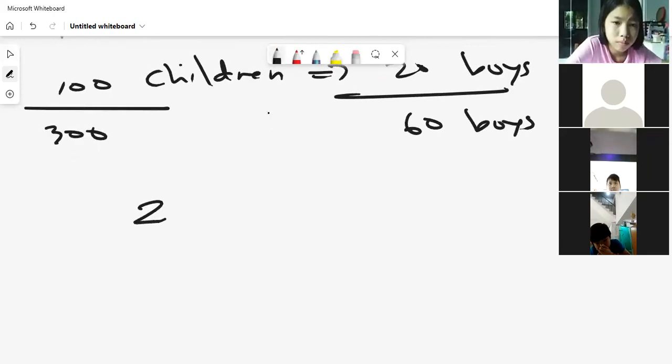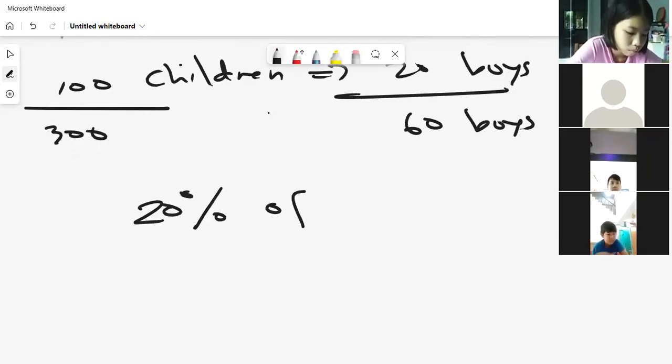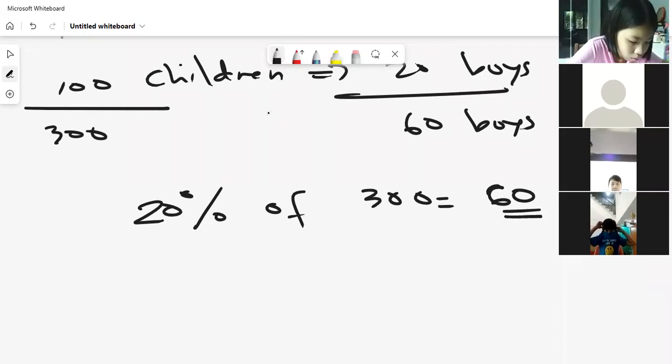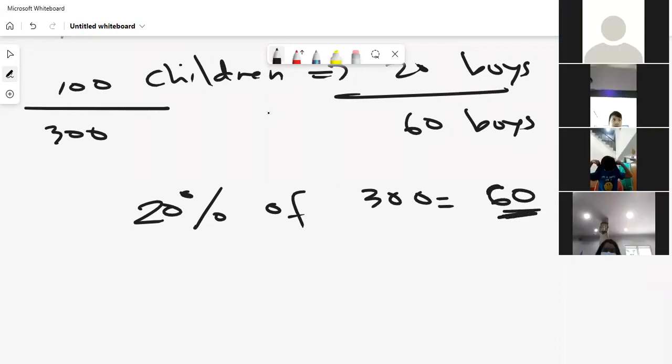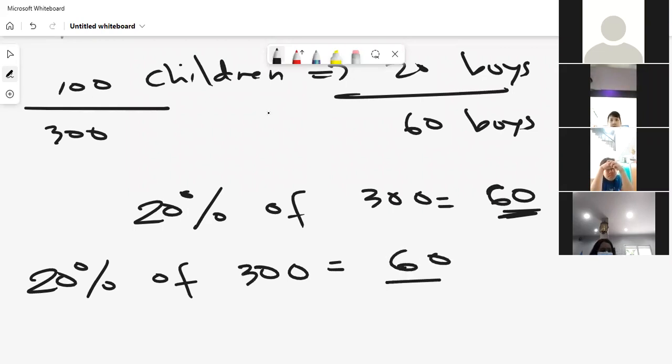Meaning that 20% of 300 is equal to 60. Okay, 60. Again, 20% of 300 is equal to 60.